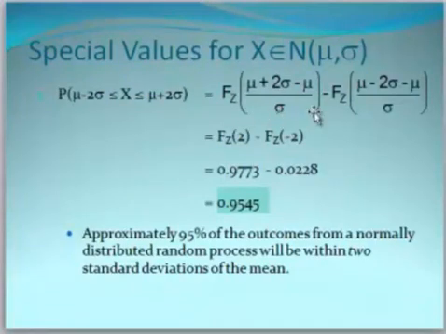And likewise, if we play the same game and go 2 standard deviations away, so we're up 2 standard deviations from the mean, subtract the mean, and then divide by sigma. We're normalizing essentially. So we've converted into the cumulative distribution function on the z scale.